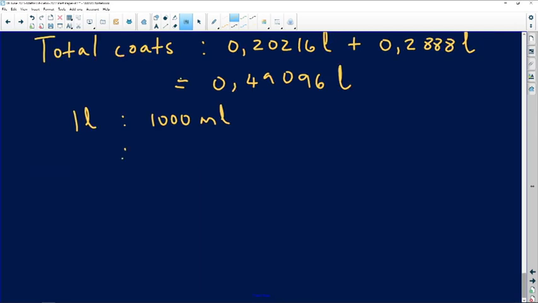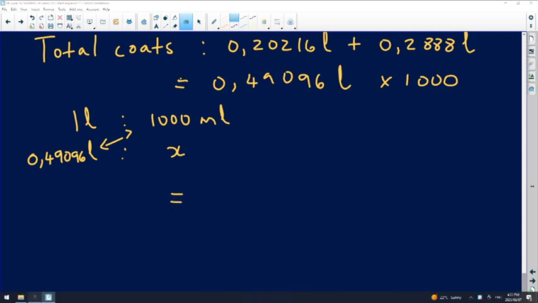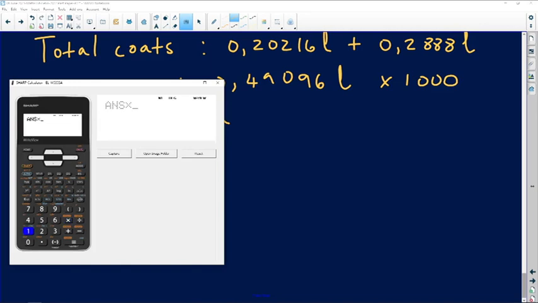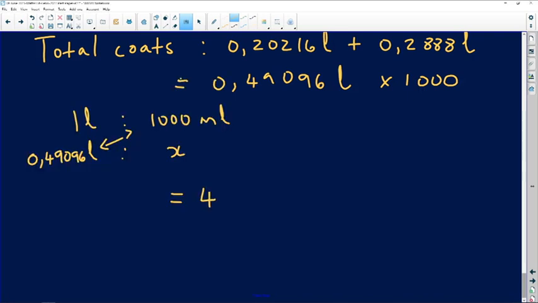So I multiply 0,49096 liters by 1,000, which is going to give me 490,96 milliliters. I've been working in liters, but I want milliliters.